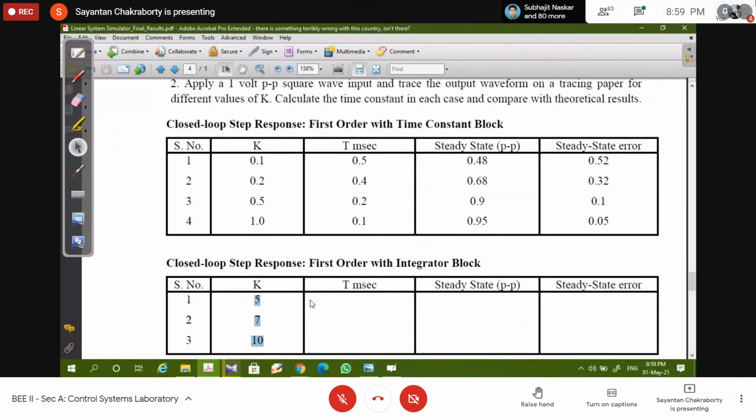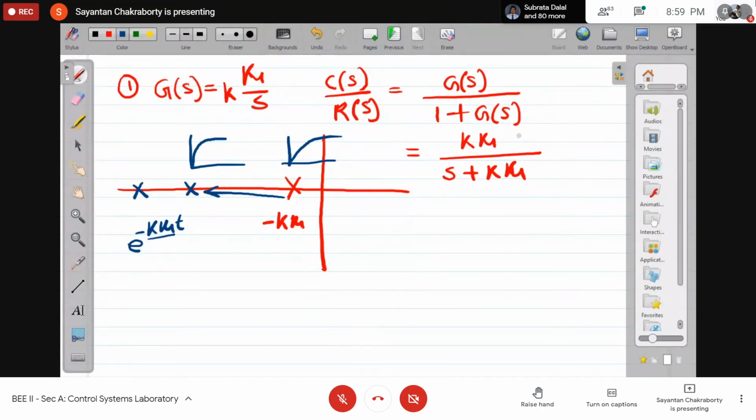I've given you the hint. What you have to do: this K1, you assume K1 equal to 10. And then the value of K, we'll choose as 5, 7, and 10.